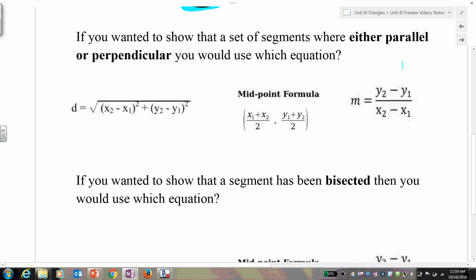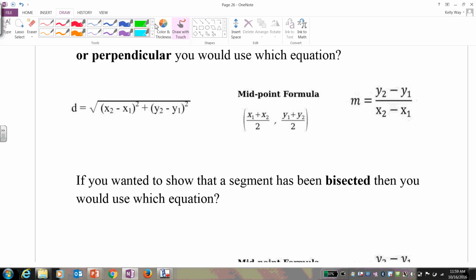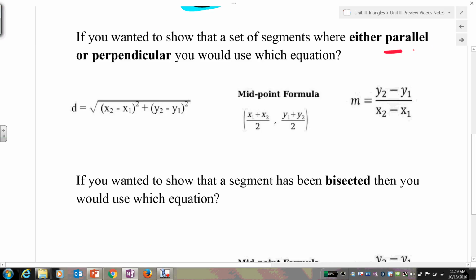Read this aloud with me. If you wanted to show that a set of segments were either parallel or perpendicular, which equation would you use? Would you use distance, midpoint, or slope?